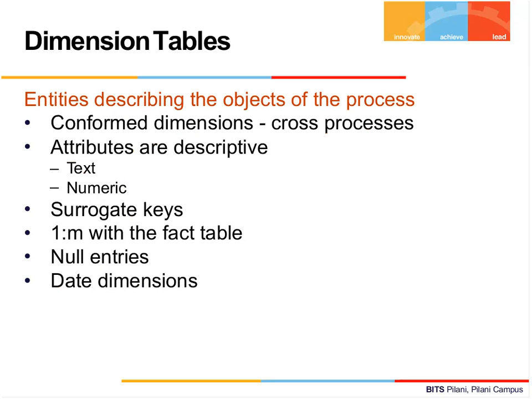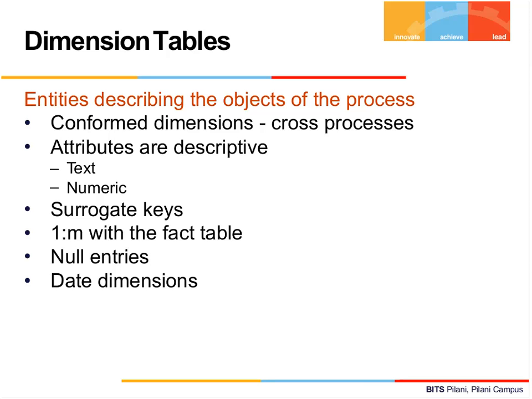A dimensional table is going to give me descriptions of all the different things that I do across the processes. If I have a customer dimension, I will have customer name, customer address, customer city, customer state, customer region. Whatever description you would like to give will be there in the table. And those descriptive values are the ones you are going to use in your analysis.